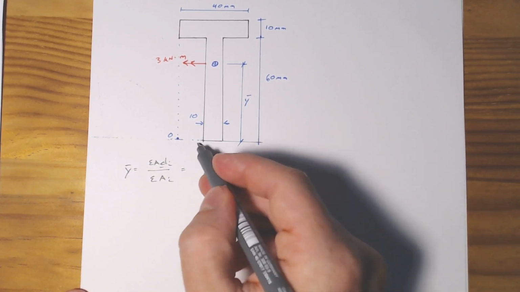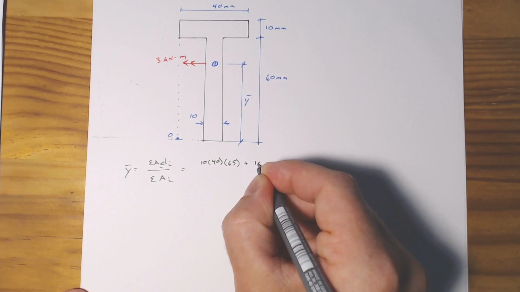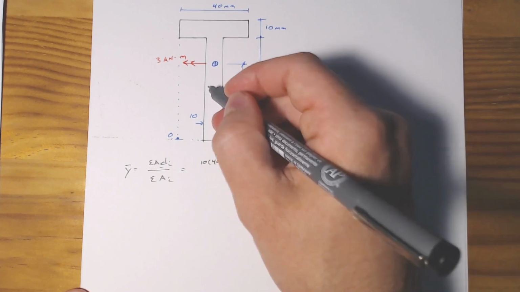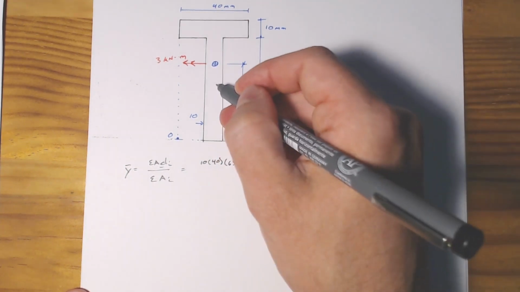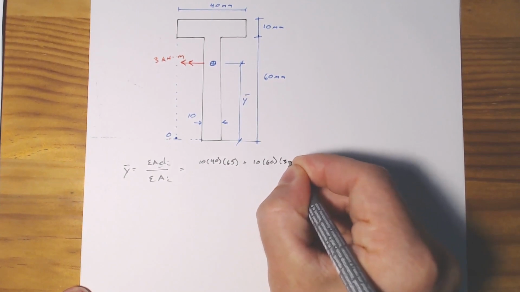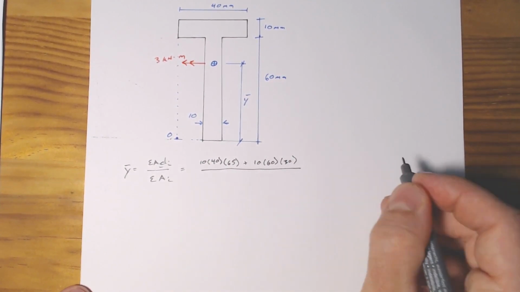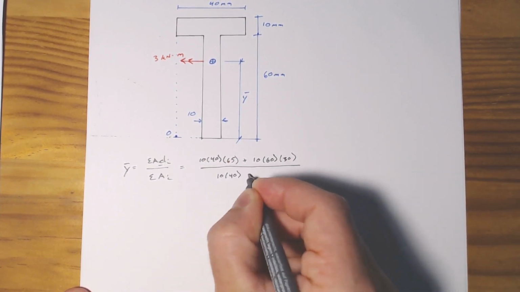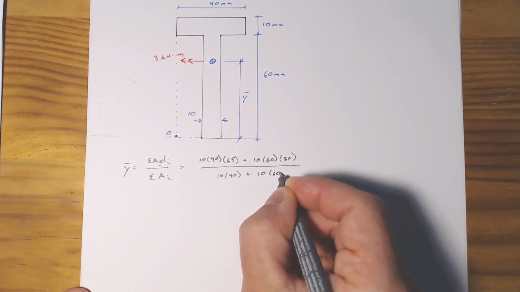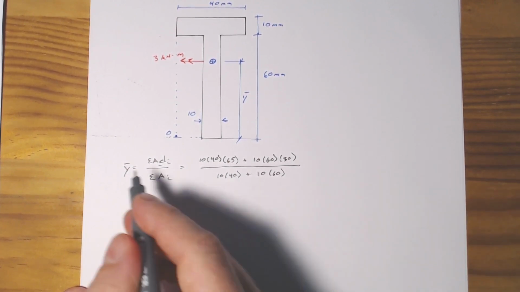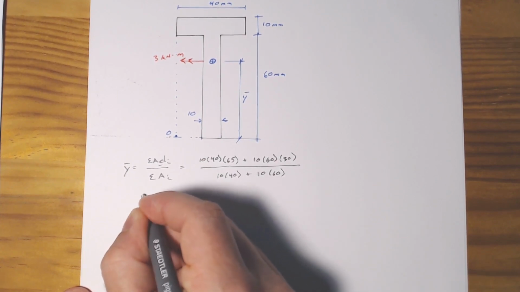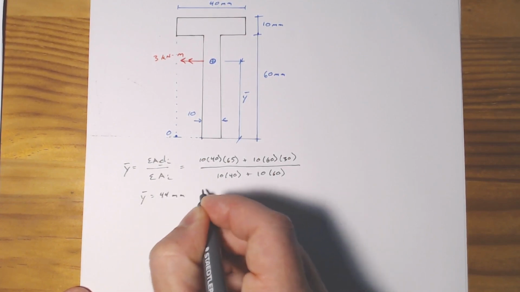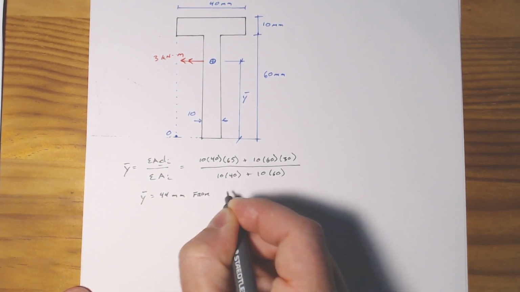Then we add 10 millimeters by 60 millimeters for the web, and its centroidal distance is half of 60, so that's 30 millimeters from the bottom. Then we divide all of this by the total area, which is 10 times 40 plus 10 times 60. If we crank through all this arithmetic, we get y bar equals 44 millimeters from the bottom.